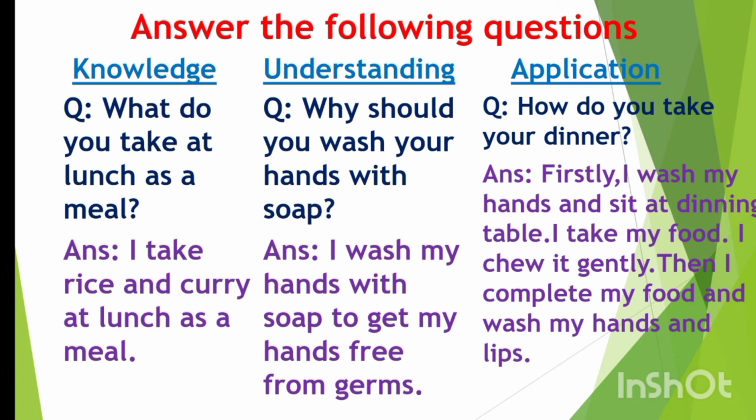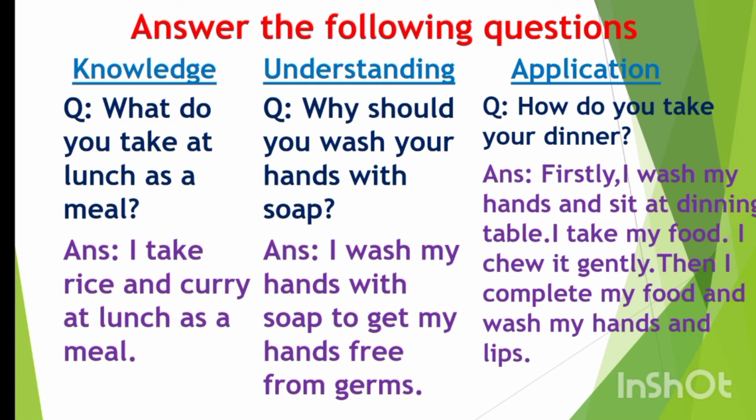Answer. Firstly, I wash my hands and sit at the dining table. I take my food. I chew it gently. Then I complete my food and wash my hands and lips. So this is the process. How will you take your dinner?